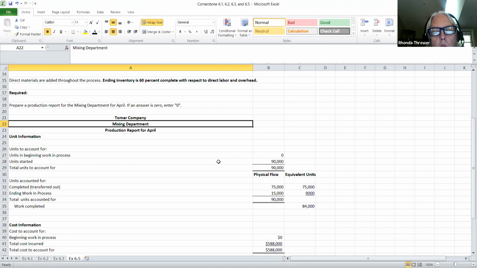We're going to show what we started during this period, which is 90,000 units. Since there was no beginning inventory, what we started is the total units that we have to account for. The beginning inventory would be added to the units started to get the total units to account for.